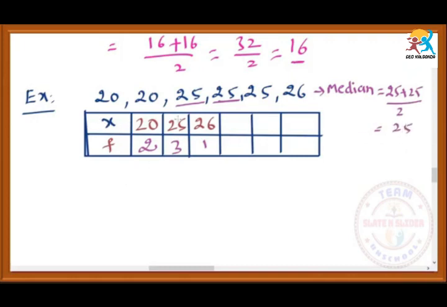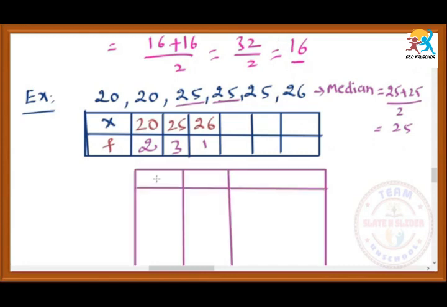Suppose if the same question is given like this, then how to find that? Let us draw a table. This is X, this is F. So 20, 25, 26. So frequency is 2, 3, 1. Here what we need is cumulative frequency. So adding the frequency, 2 plus 3 is 5, plus 1 is 6. Just observe.